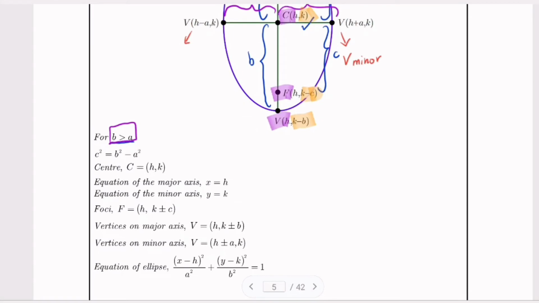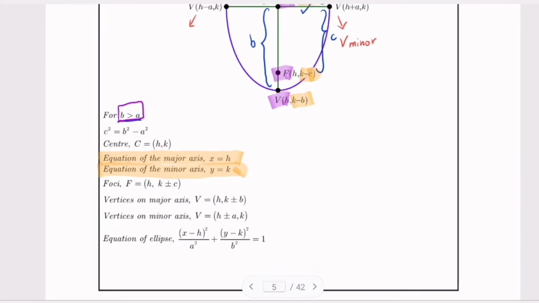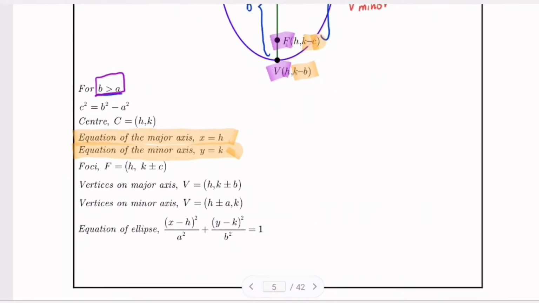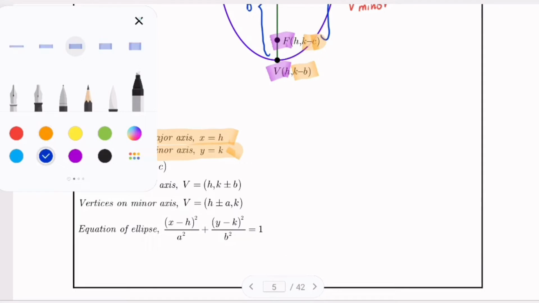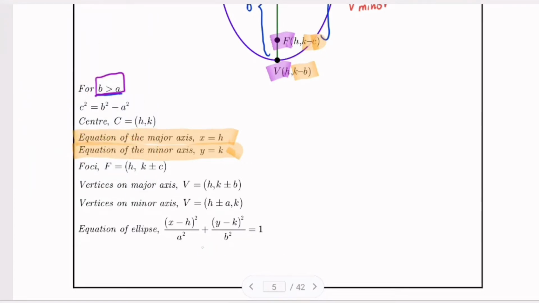The equation of the major axis will be X equals H, and the equation of the minor axis will be Y equals K. For both shapes, the equation of the ellipse is the same, and that is (x minus h) squared over a squared plus (y minus k) squared over b squared equals 1.